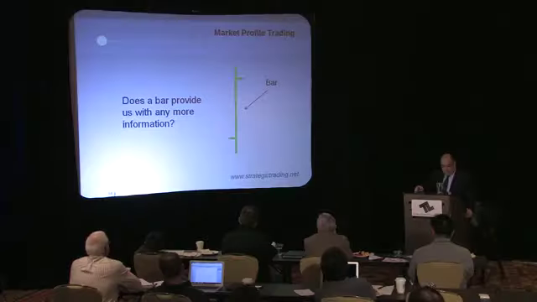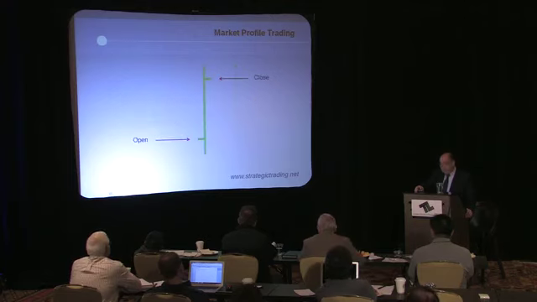The Japanese will be talking about the US financial traders and their profile. We won't be talking about the rice traders anymore. We will be talking about our financial traders and how they could see inside the candle. The bar doesn't provide any more information. We're not going to waste too much time on it.